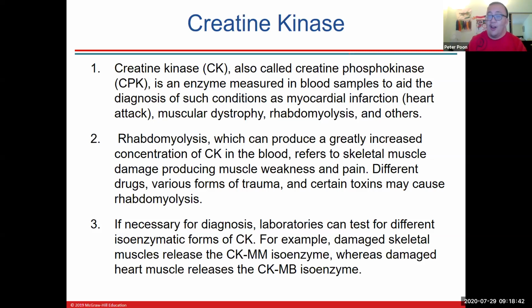Rhabdomyolysis is a greatly increased concentration of CK in the blood. That means there's damage to skeletal muscle. And there is a difference between the two enzymes.